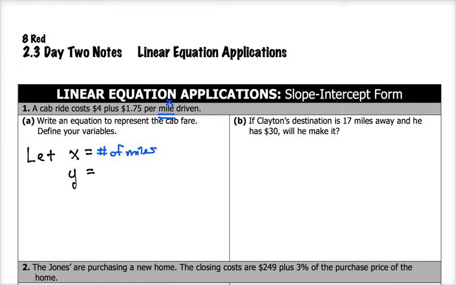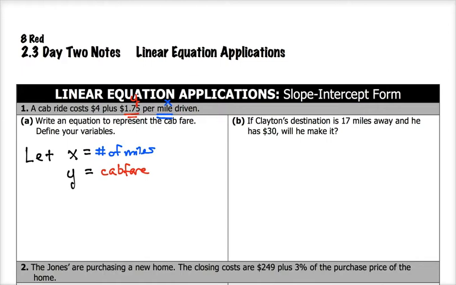And then the cost, or the cab fare, would represent our y value, or our dependent value. So the cab fare depends on the number of miles you ride. So that's how we can start out our equation.